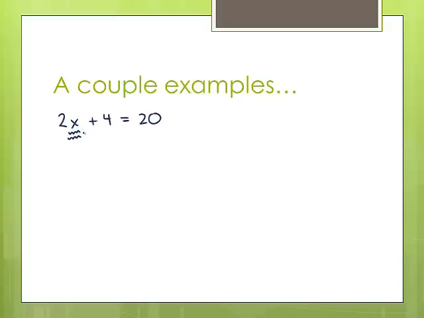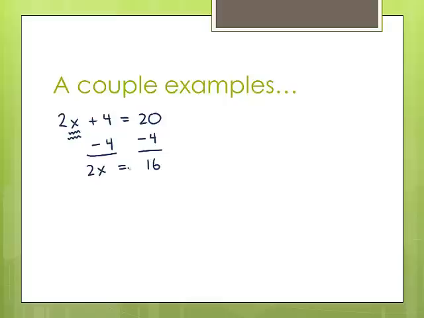So to reverse it, I need to do the opposite of the operations in the order of SAMDEB. So the first thing I'm going to do is remove the addition by doing the opposite of that operation, or subtracting. So I'm going to subtract 4 from both sides, so we'll have that 2x equals 16.